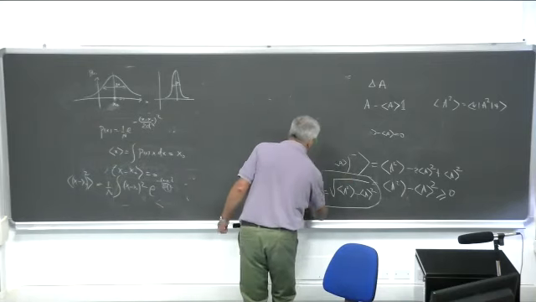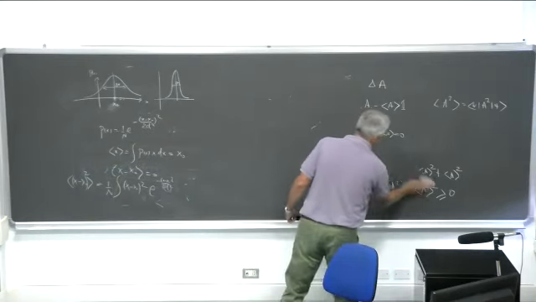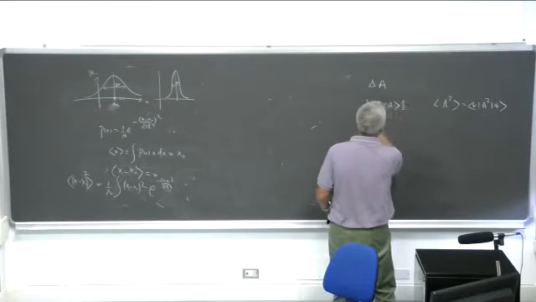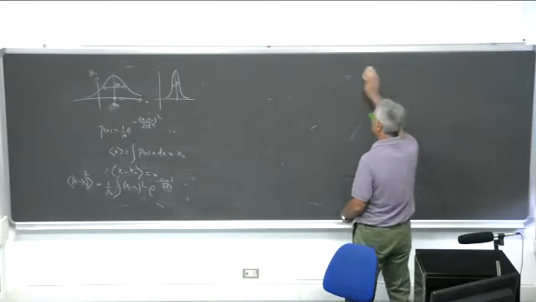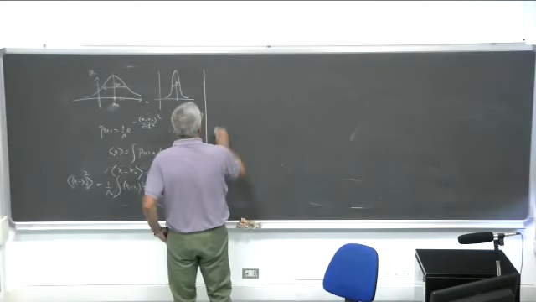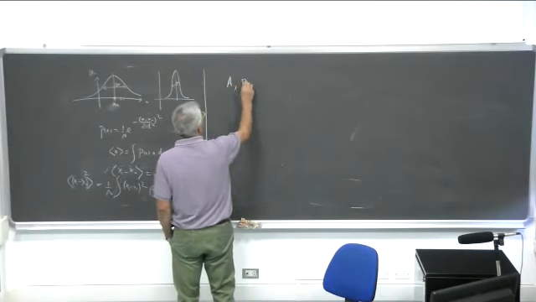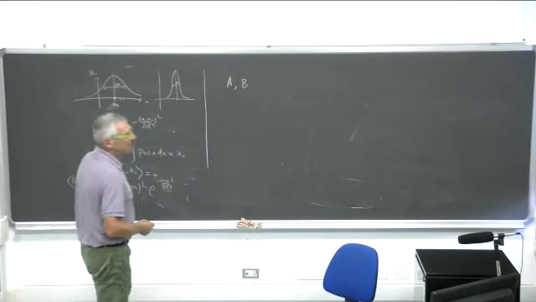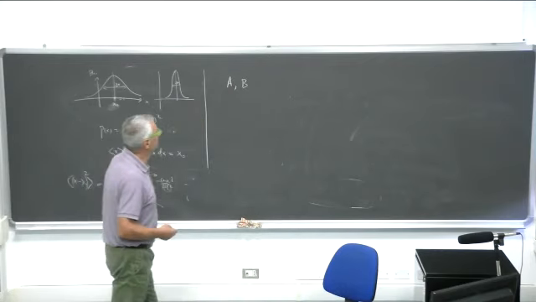Suppose you have two observables, A and B, represented by Hermitian operators.